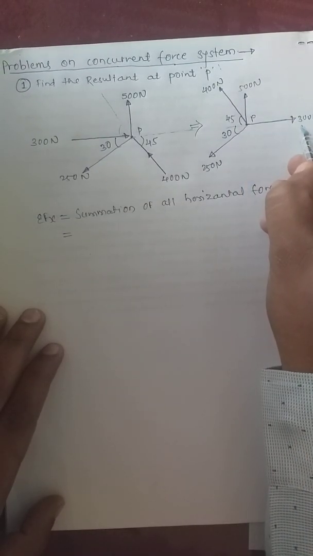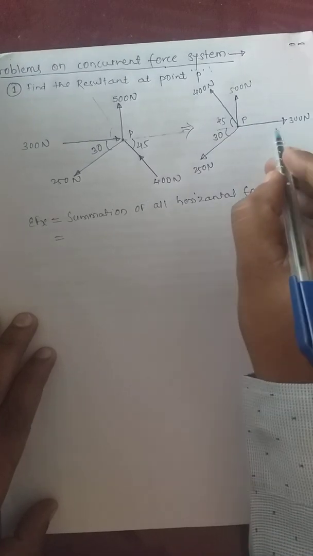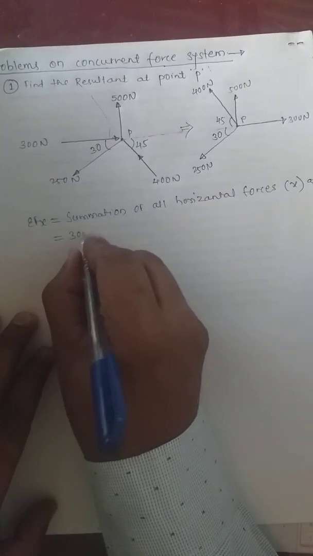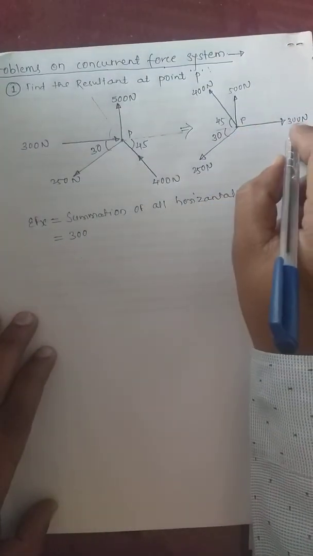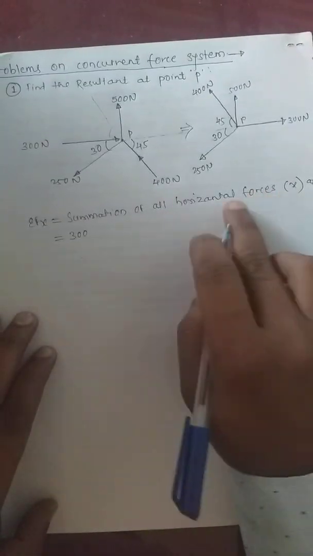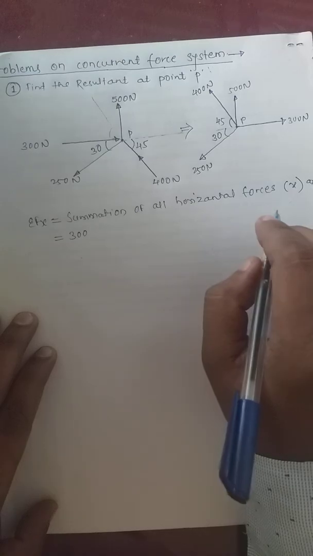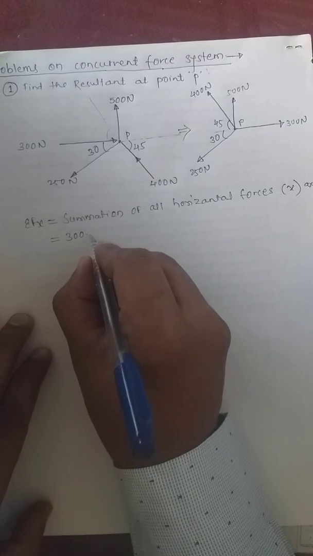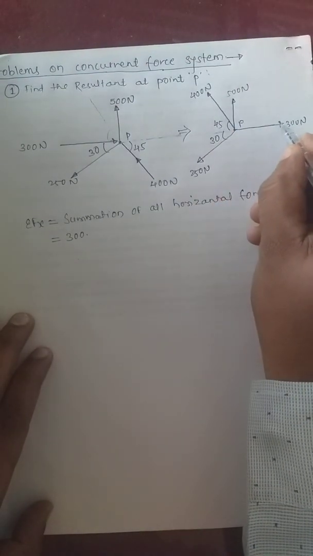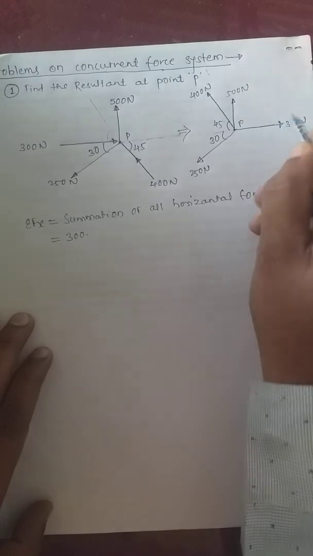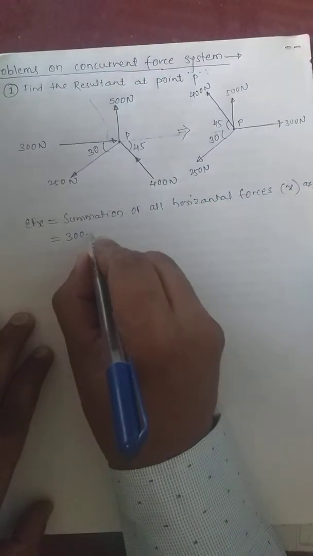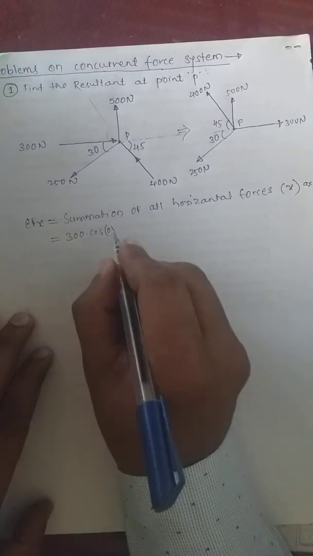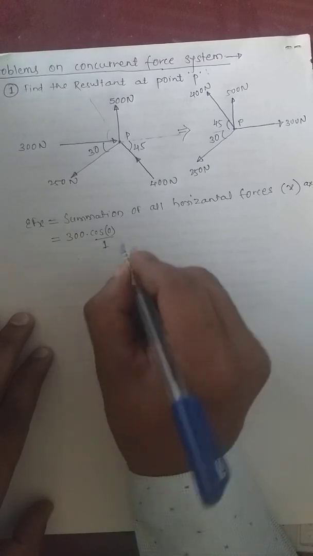The 300 Newton force is exactly on the x-axis, so we can consider this force simply as it is, because we are finding the summation of all the horizontal forces along the x-axis. Again, 300 Newton into cos of the angle made by 300 with respect to the x-axis, which is 0. So 300 is equal to 300 into cos of 0, and cos of 0 is 1.